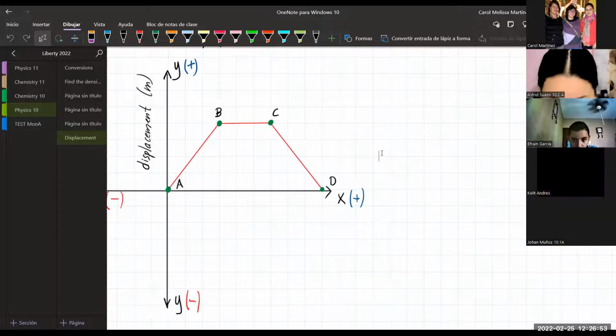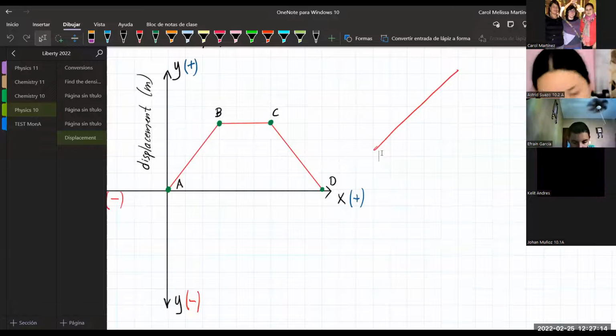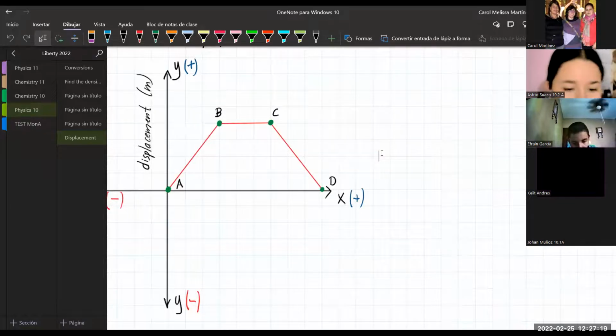What kind of slope, positive, negative, or zero, do I have from A to B? Positive. Remember what I told you in the video: if it increases, it's going to have this shape. It's going to be positive. So a positive slope is important.